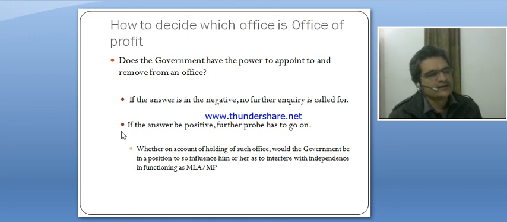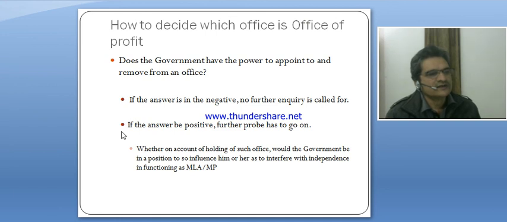It is not an office of profit. No further inquiry is required. But if government has powers to appoint and to terminate or remove the person from that office, then certainly there are doubts to be raised and further inquiry has to be made, the probe has to be weighed. If the answer is positive to the above question, further probe has to be done.